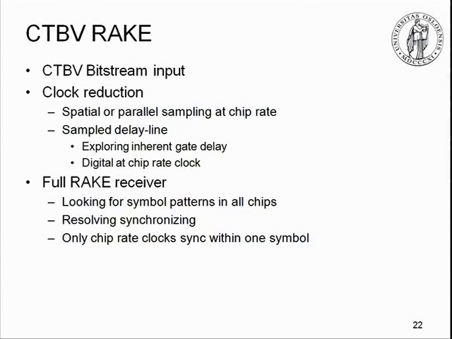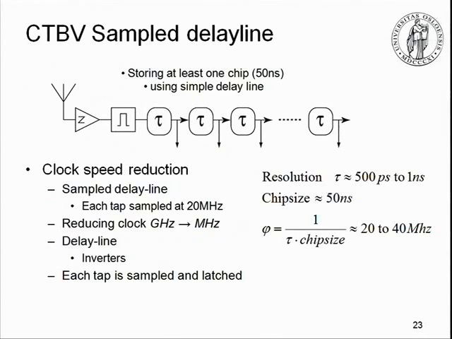We accept that it can appear anytime. I don't have to know when. And the trick is to use this structure that you see here, which is a very simple, very well-known structure. It's called a delay line. So my taus here are basically the simplest thing that you can make, which is an inverter.